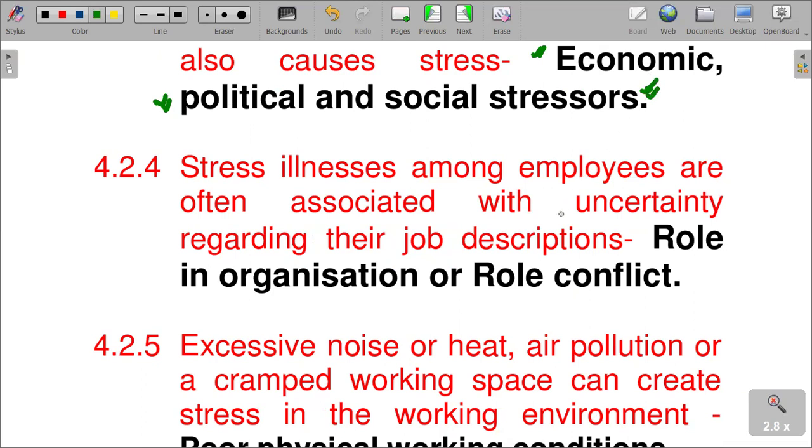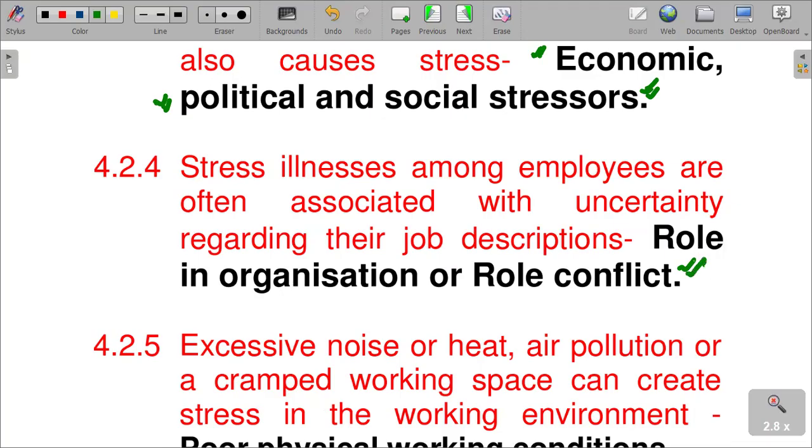Stress illnesses among employees are often associated with uncertainty regarding their job description. So role ambiguity or role conflict in the organization is the cause of stress.